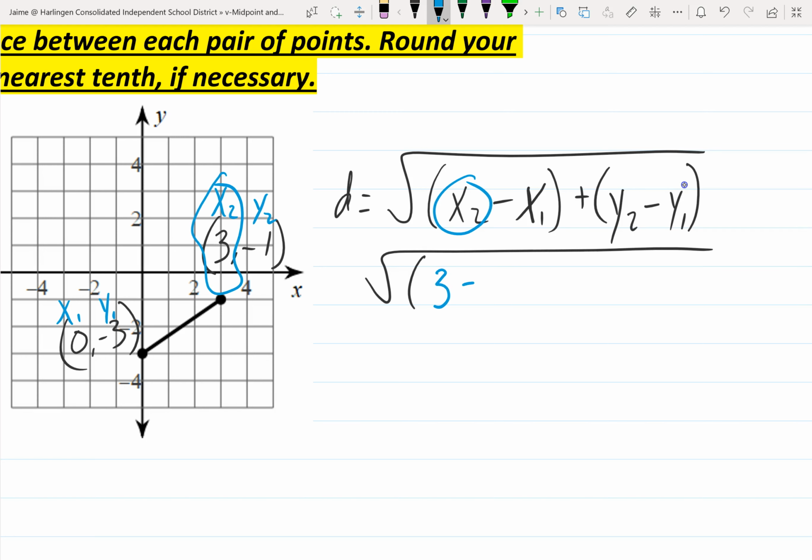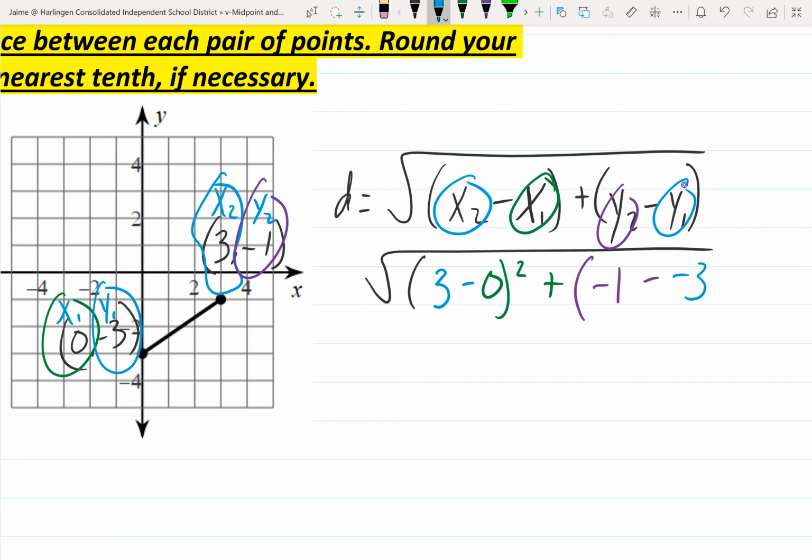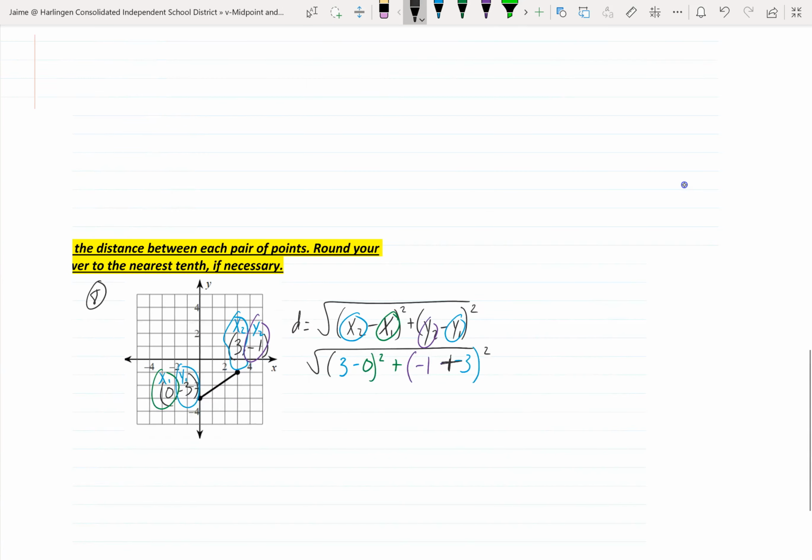Put a minus sign with the formula. x1, 0, plus sign. y2 is right here, -1. Put the minus sign as the formula. Now we need y1. It's right here, -3. Oh, messed up on the formula. Don't forget the little 2's that go there. -1 minus a minus. Remember the minus is being plus. Put that in the calculator and you're done.